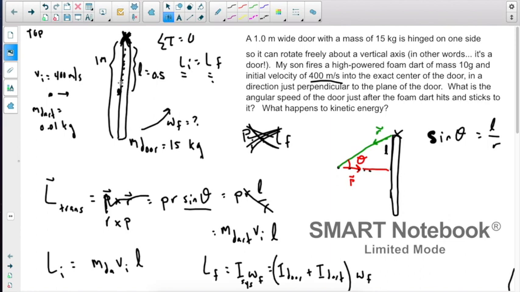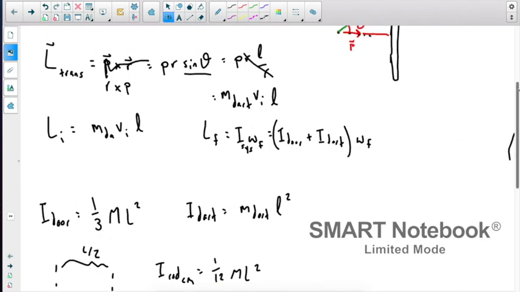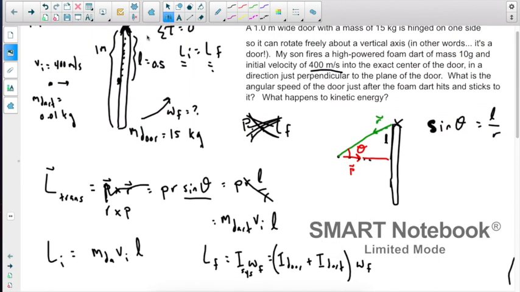That's all it is. So the r value is the distance away from the axis of rotation, which is 0.5. So the I of the dart is going to be the mass of the dart times what I'm calling l squared, where l is the distance away that the dart is from the edge of the door, 0.5 meters.